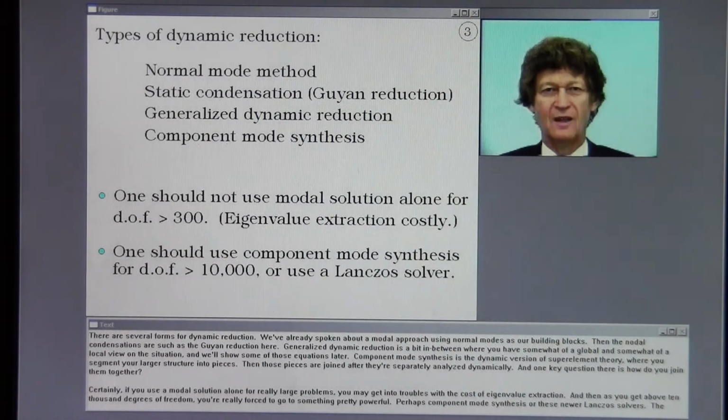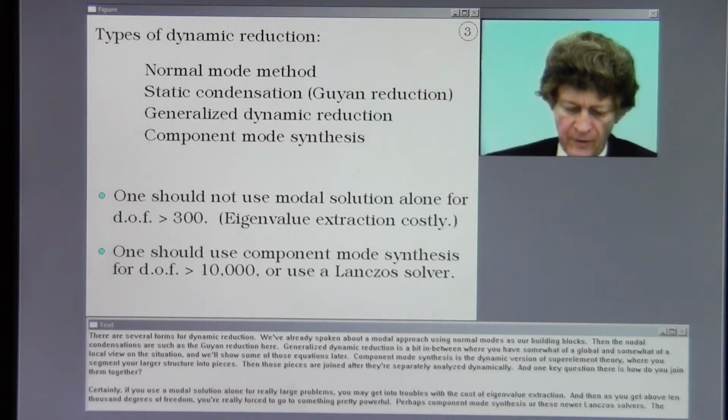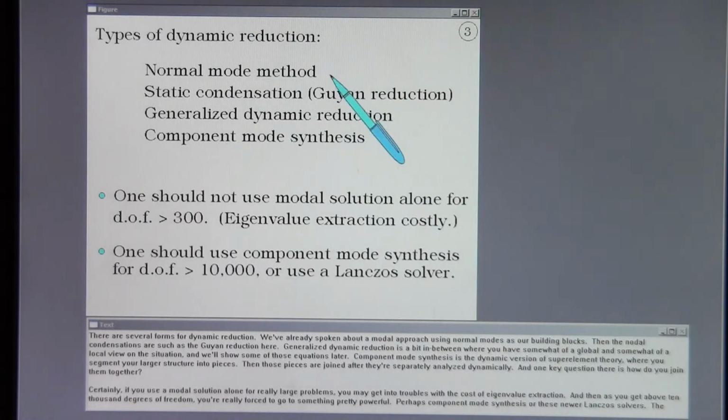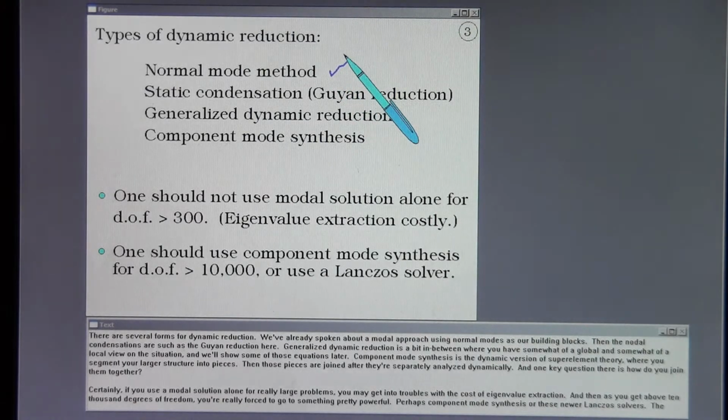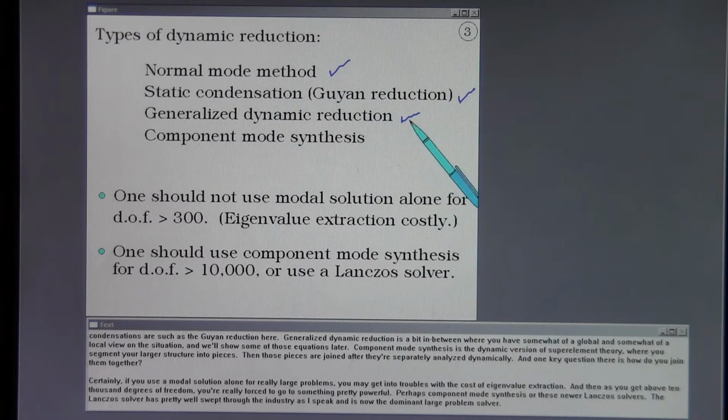There are several forms for dynamic reduction. We've already spoken about a modal approach using normal modes as our building blocks. Then the nodal condensations are such as the Guyan Reduction here. Generalized Dynamic Reduction is a bit in between where you have somewhat of a global and somewhat of a local view on the situation, and we'll show some of those equations later.